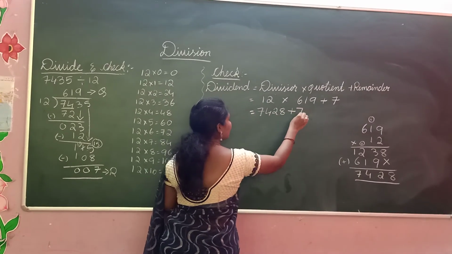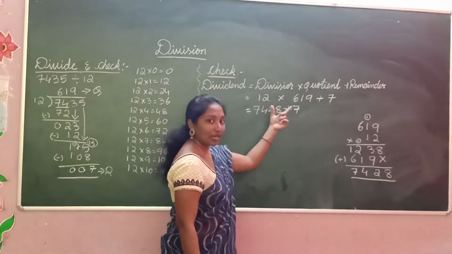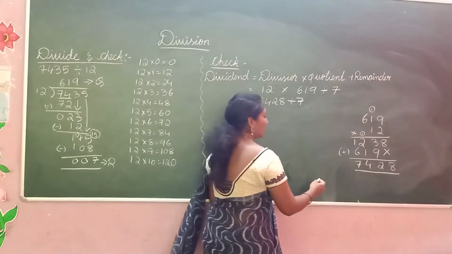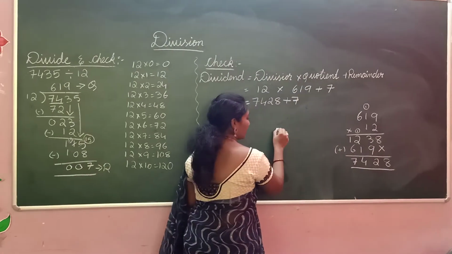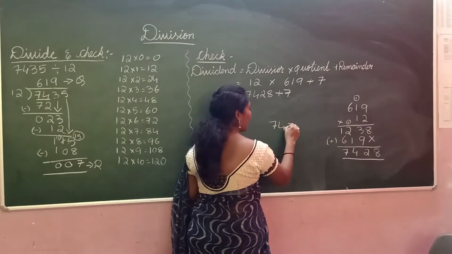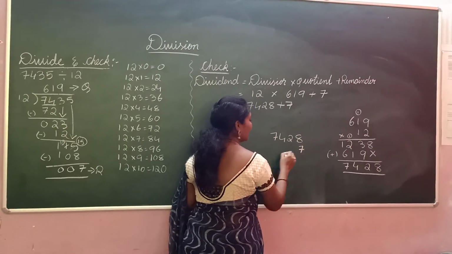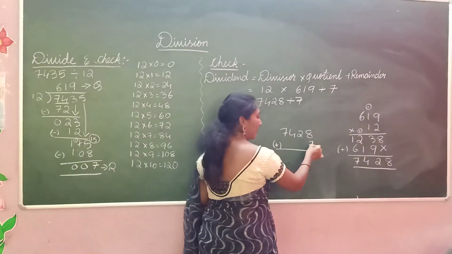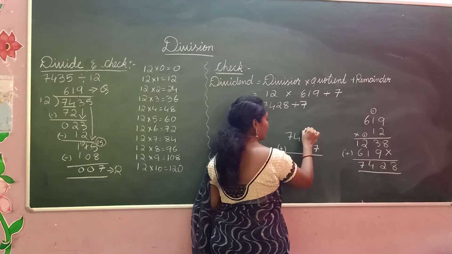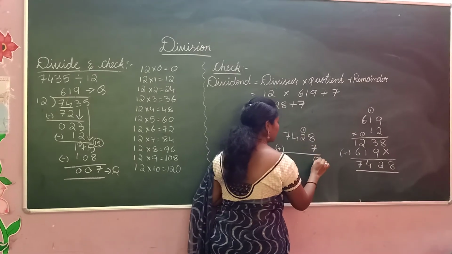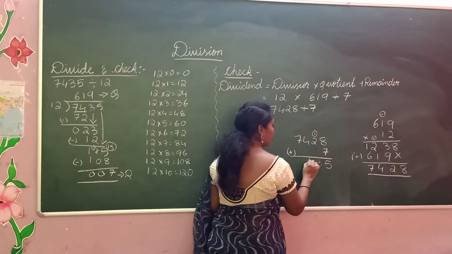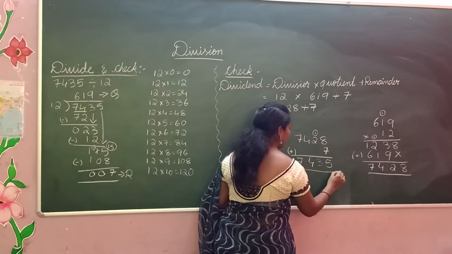7428 plus 7. After doing multiplication, you have to add the remainder to the product. So see here, 7428 plus 7. What do you get? 8 plus 7 is 15, 2 plus 1 is 3, 4, 7.